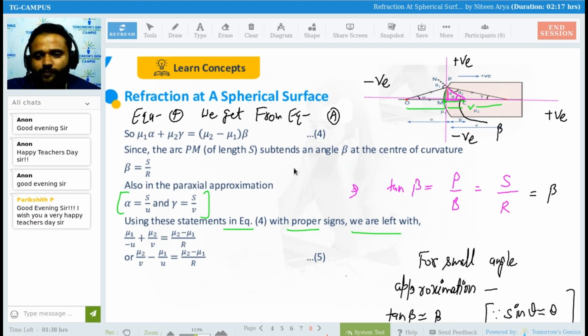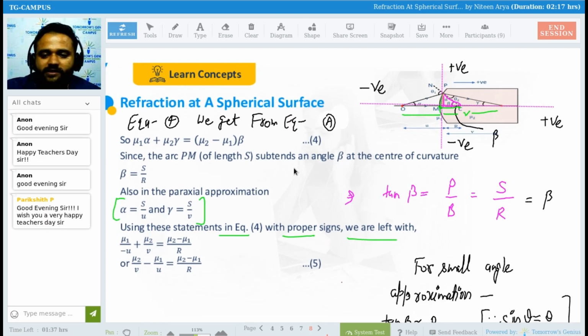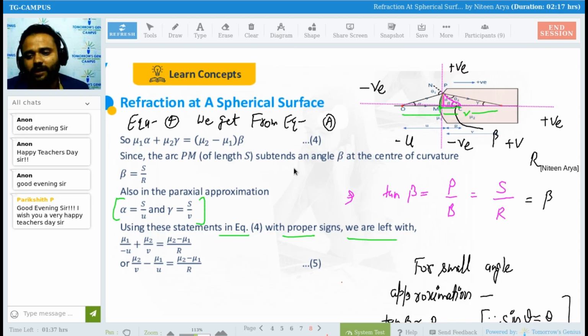Clear? So as we can directly see, the object is on the left hand side, so it is taken as negative u. The image is on the positive side, so we take a positive v. In the same sense, the radius of curvature is also on the positive side, so R is positive. R is positive, image distance is positive, object distance is negative.